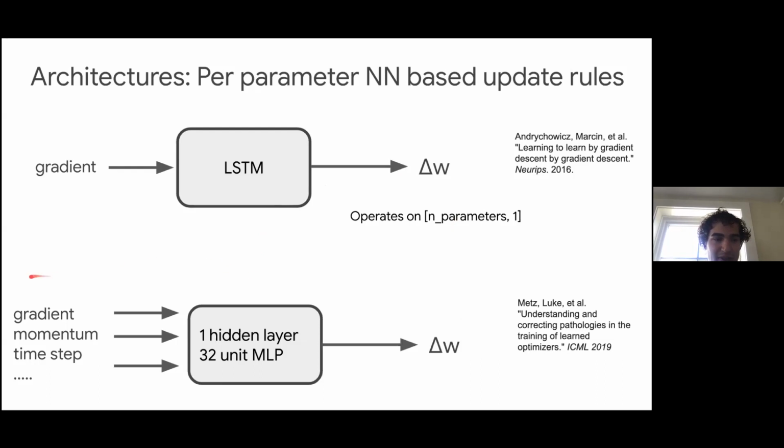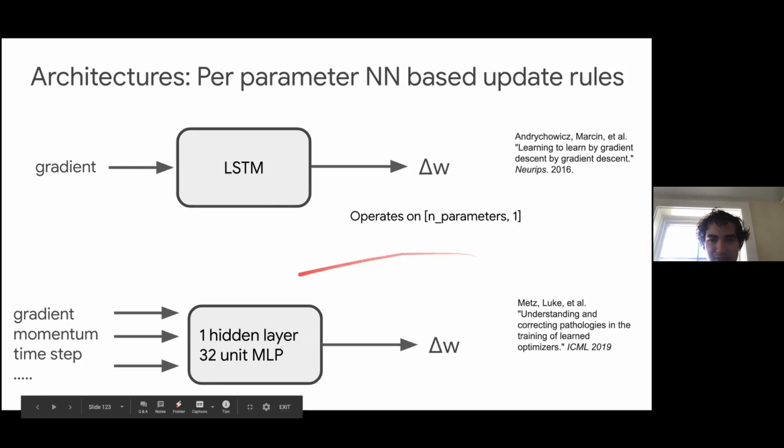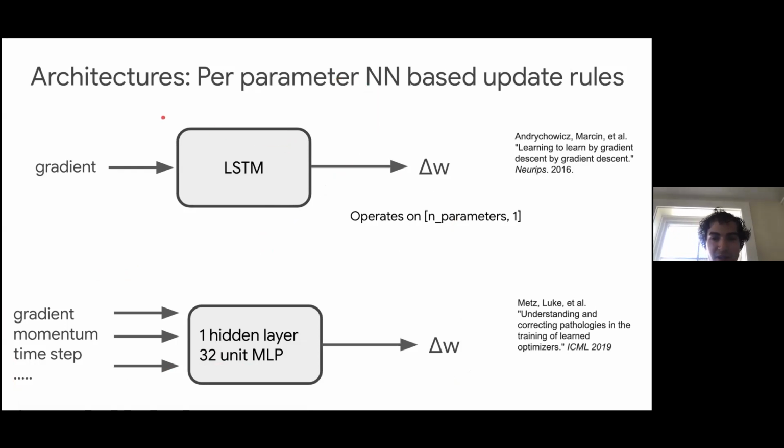I already described this feed-forward MLP optimizer, but there's another family of optimizers people also use, which is the original work by Marcin, gradient descent by gradient descent, which takes a gradient, feeds it into a per parameter LSTM, and then outputs your weights. Both of these operate entirely at a per parameter level, so there's no shared compute going on. It's all split across this network, and each of these pieces is relatively small.